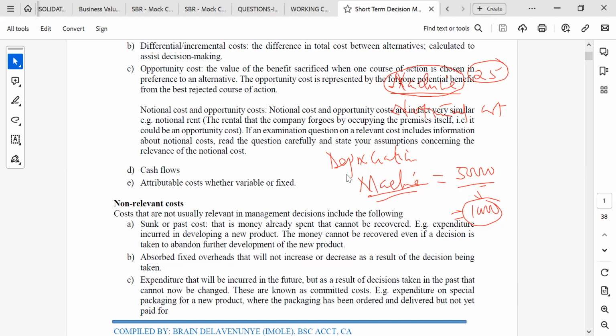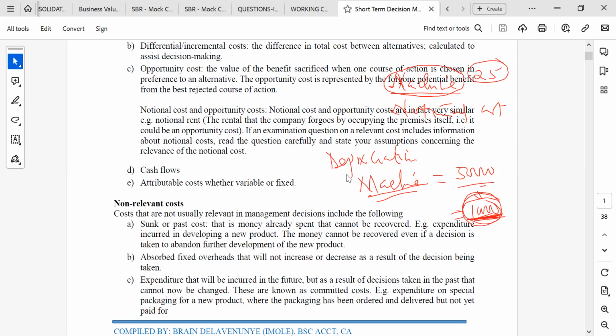So even if you don't use the machine on a project, you will be incurring depreciation. But what we are doing is just trying to apportion the depreciation, which would have been incurred whether using the machine or not, to the activity that we have used it for. So absorbed or apportioned fixed overhead, especially depreciation, is not a relevant cost.